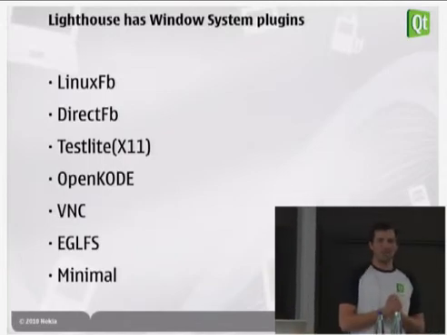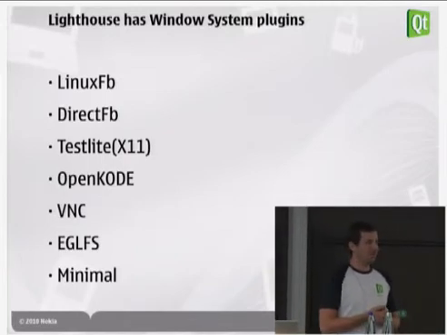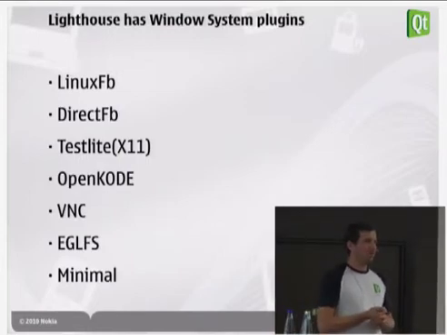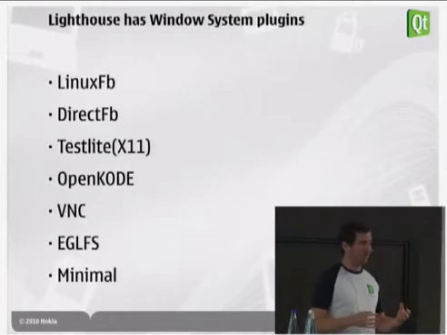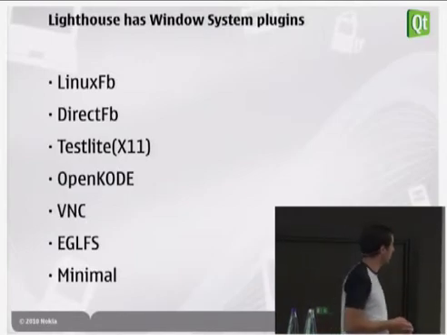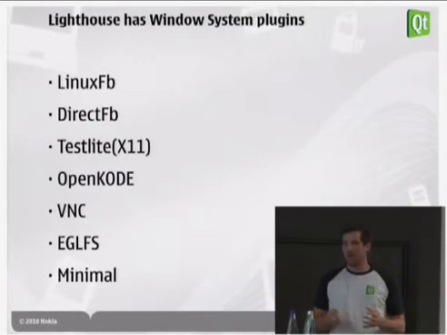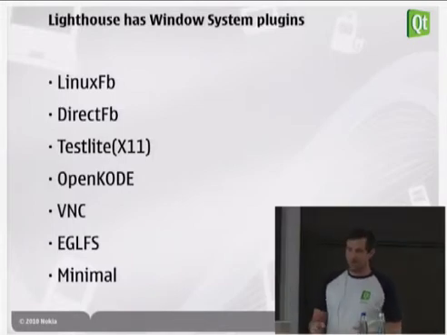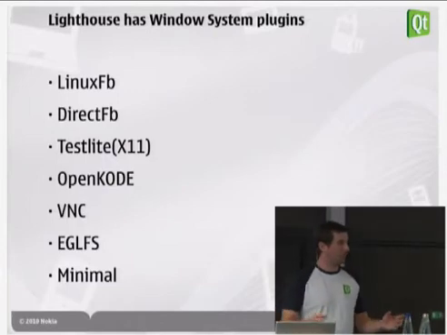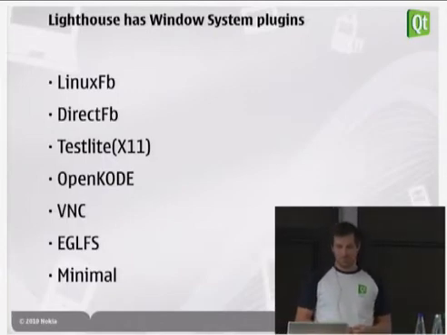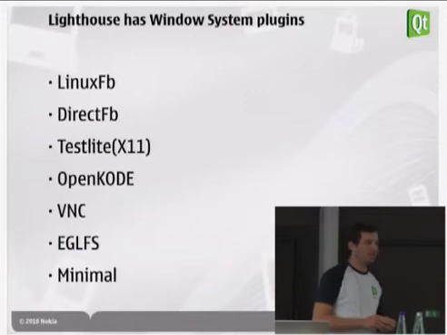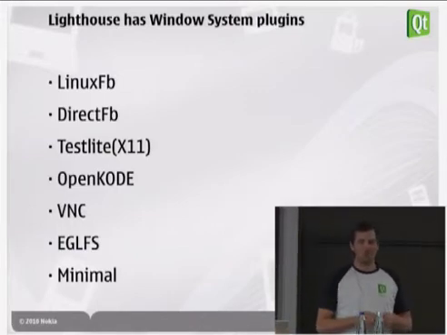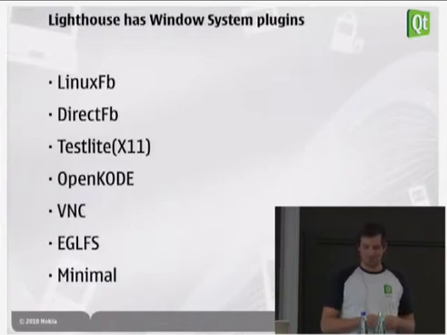In Lighthouse we create plugins, which we load at runtime, which contain all the windowing system specific code. So these are the plugins that we've just happened to make on our way to creating the next version of Qt GUI. So we ported the LinuxFB functionality from QWS, or from Qt for embedded Linux.